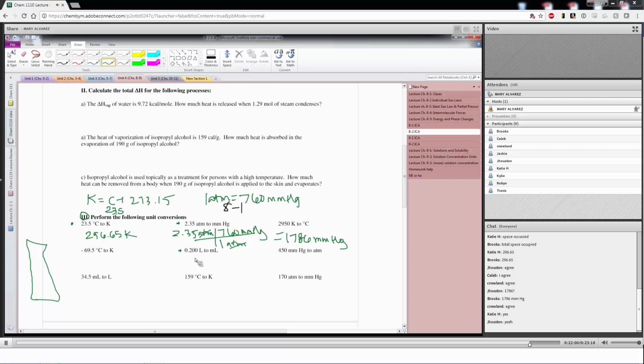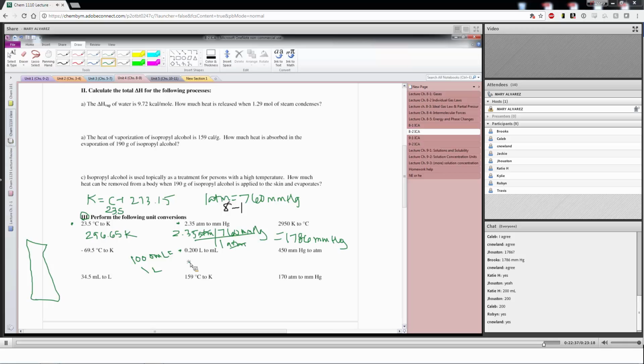And finally, 0.2 liters to milliliters. 200 milliliters. Everybody agree? So again, here you're going to use the conversion that 1,000 milliliters is equal to 1 liter.